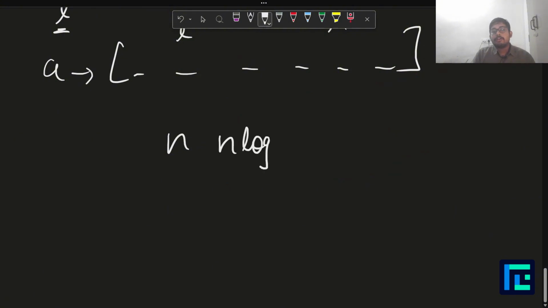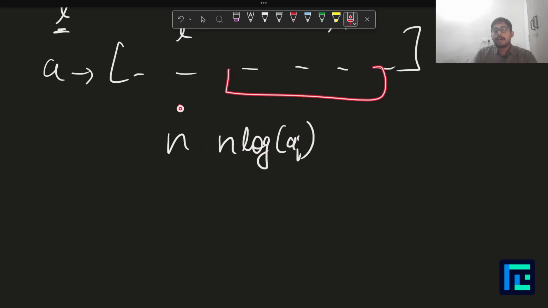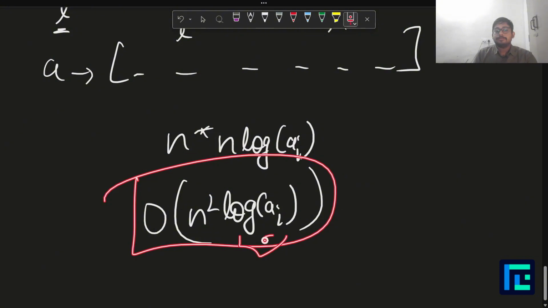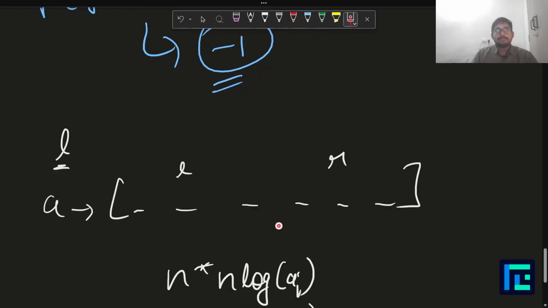So n log of A_i would be the time complexity for a fixed L to find the minimum R, and the overall time complexity would be n into n log A_i, so n square log A_i, which would be absolutely fine for the given constraints. I hope the logic and algorithm are clear to you.